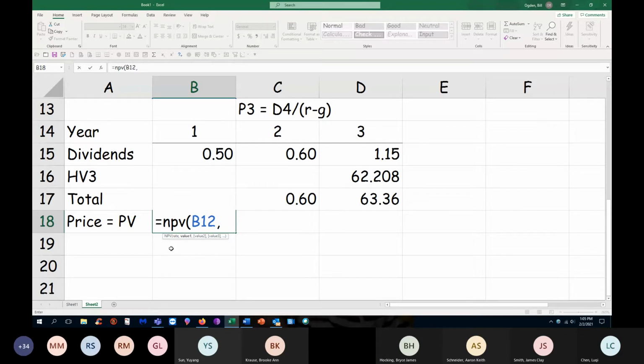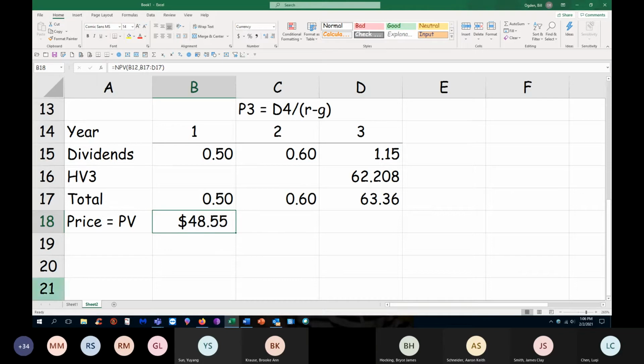The first cash flow that you highlight, the NPV function will interpret as cash flow 1. So we will highlight these 3 cash flows. And there's our price. So this model says that the price today would be $48.55.